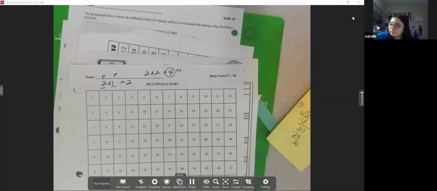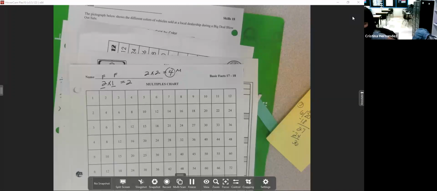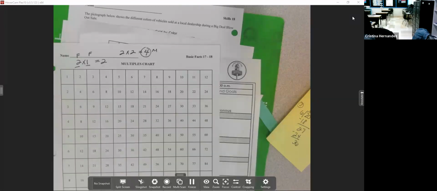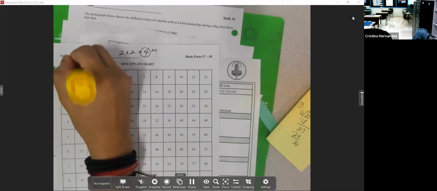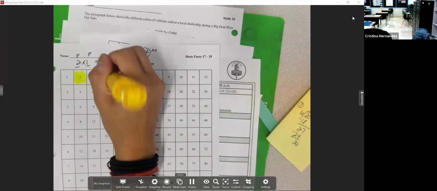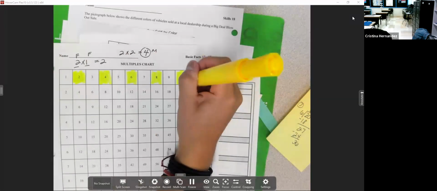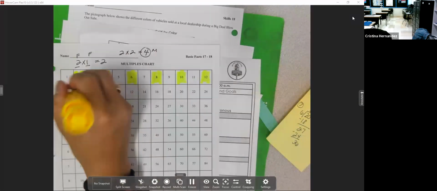Let's color in the multiples of 2. So 2, 4, 6, 8, 10, 12, and so on. Y'all ready? It's going to be a lot. You count by 2. So 2, 4, 6, 8. There's a lot of these. 10, 12.